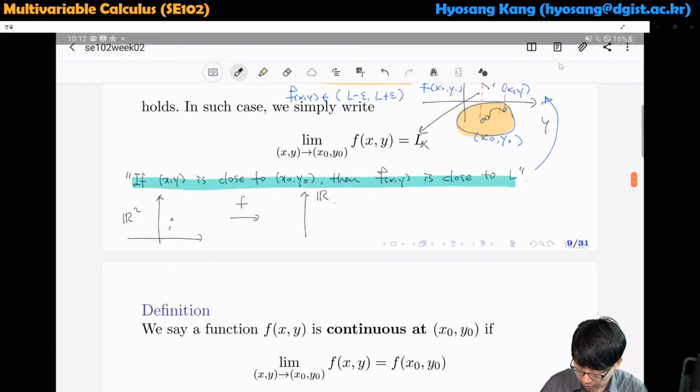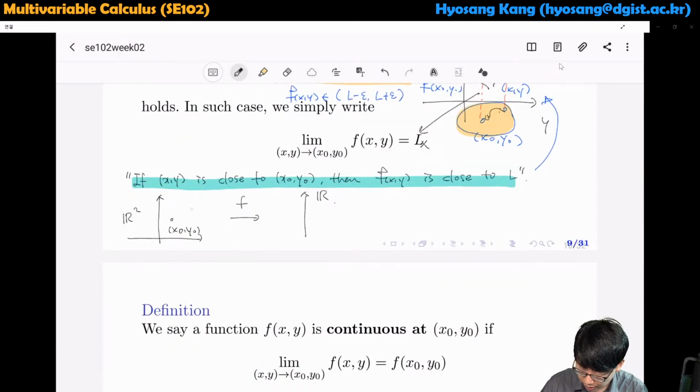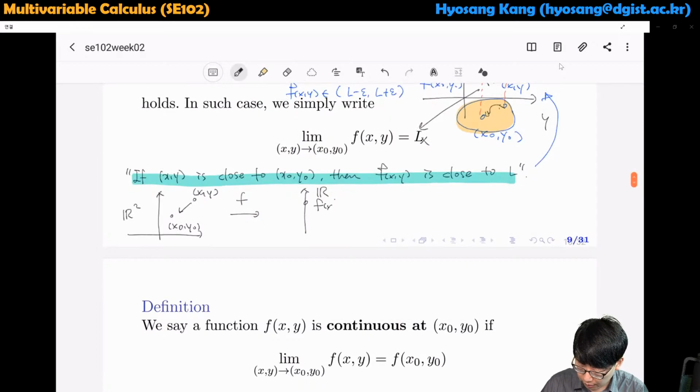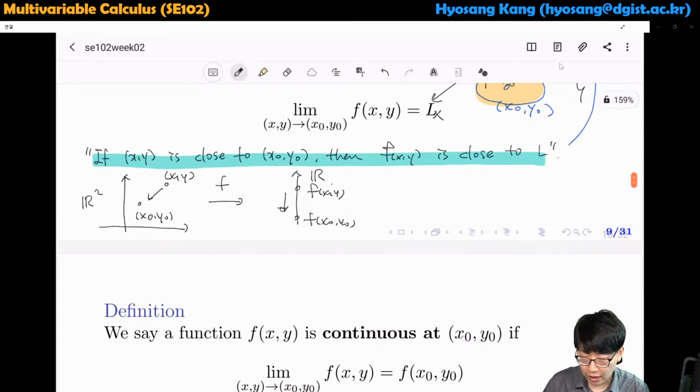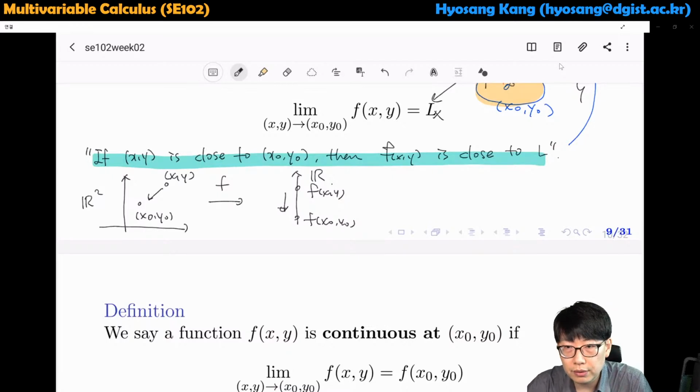You can explain this as (x, y) approaching (x0, y0) in R2, then the corresponding point f(x, y) approaches f(x0, y0). So there's a way to explain that in a two-dimensional plane, but in this picture, you also need an extra axis here, right? So if you combine these two, it just gives us three-dimensional space.